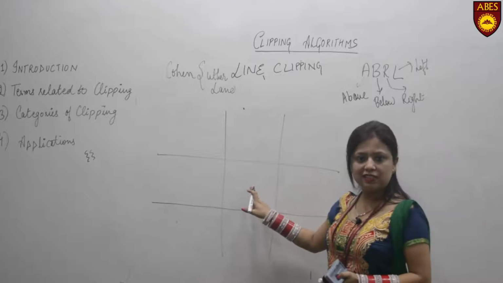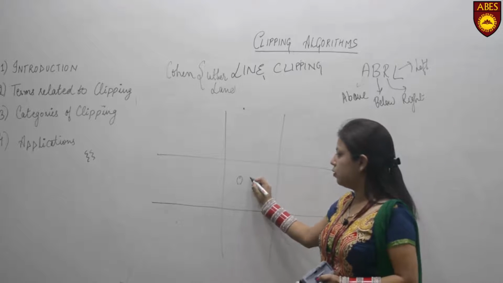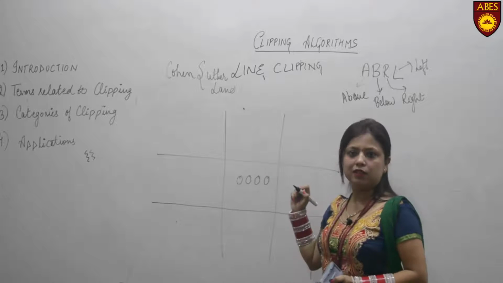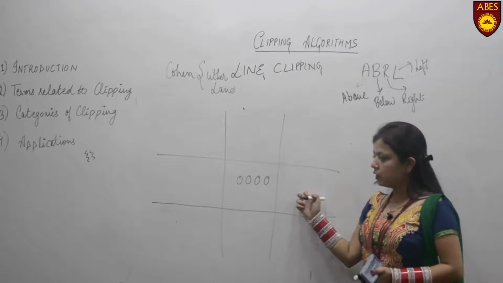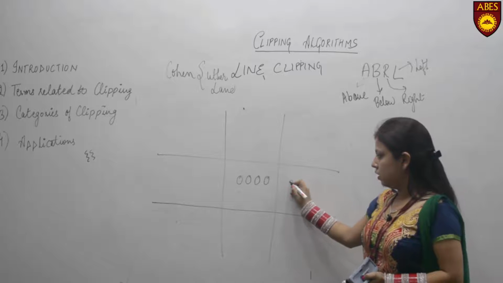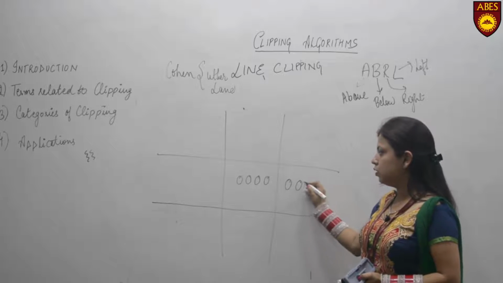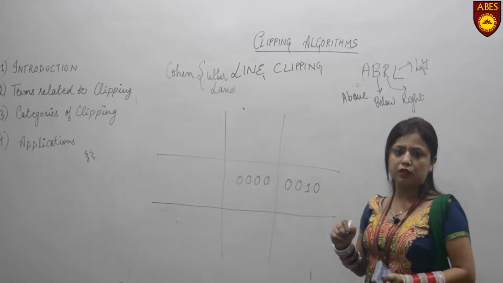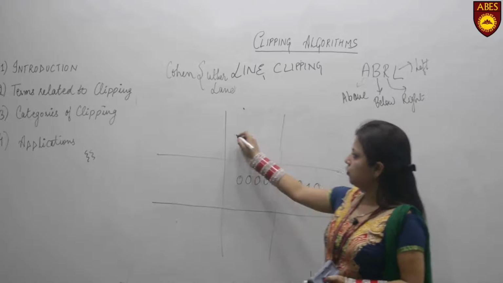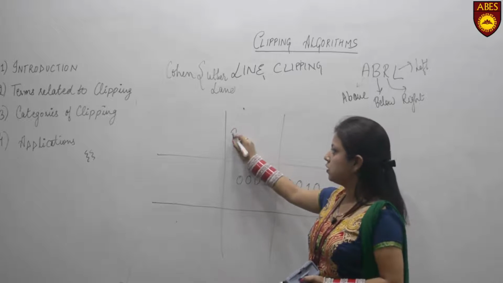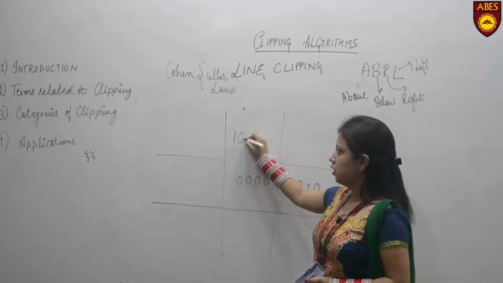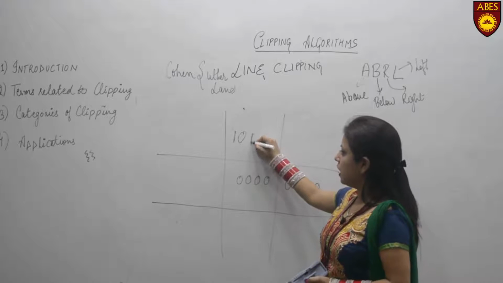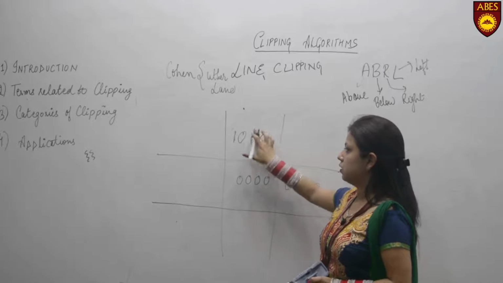A point which lies inside this is neither above nor below the window, neither to the right nor to the left. The point which lies in this region is neither above nor below the window. It is to the right of the window, but it is not to the left of the window. Similarly, over here, the point is above the window, not below the window, and neither to the left nor to the right.